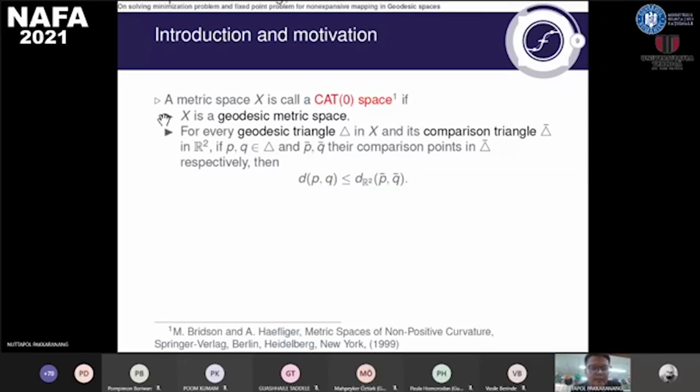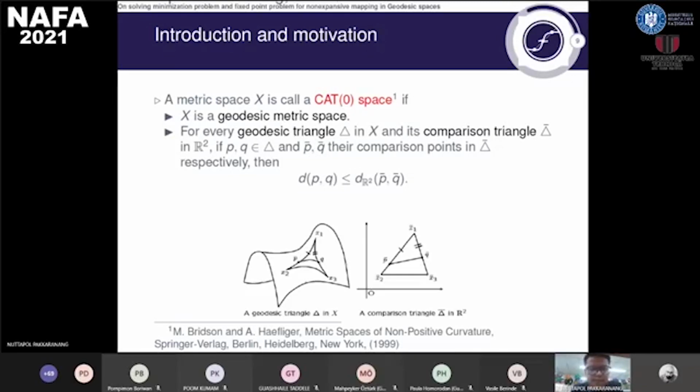Next, a metric space is called a CAT(0) space if X is a geodesic metric space and every geodesic triangle in X and its comparison triangle satisfy this inequality from reference number 1. You can see the picture: on the left hand side is the geodesic triangle in X, and on the right hand side is the comparison triangle.